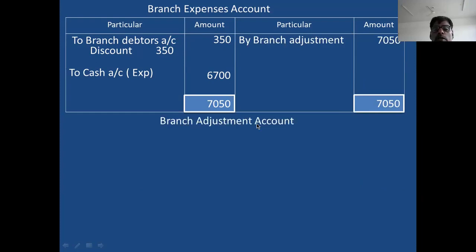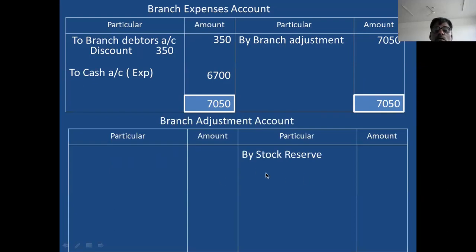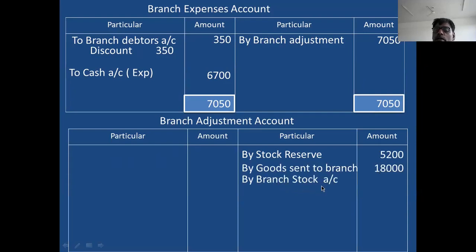In the branch adjustment account, stock reserve opening stock 5,200. Goods sent to branch loading is 18,000. Branch stock account adjustment 100. This is the loading on surplus. Loading on surplus is 100, 1/3.